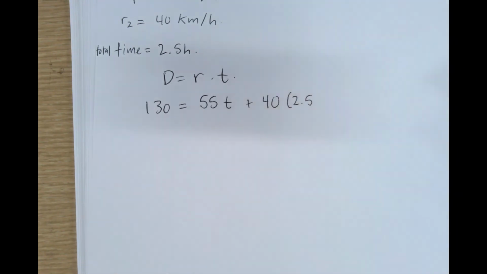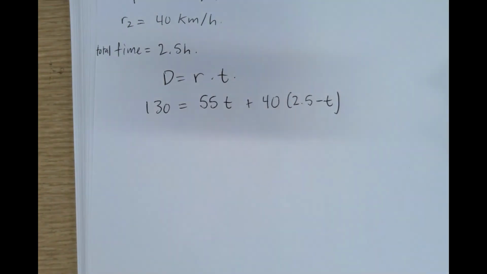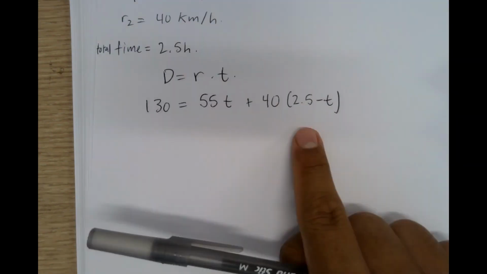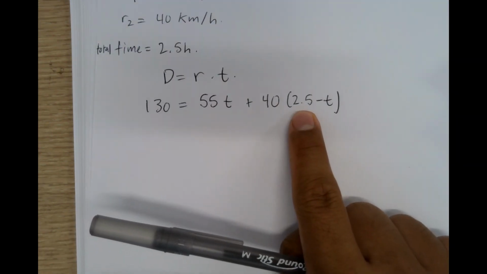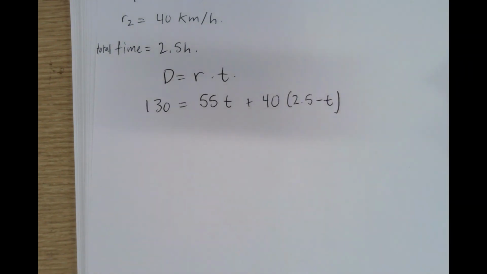And for however long they drove for the remainder of the time, as an example, if I drove for 2 hours at 55 kilometers per hour, then the remainder would be 2.5 minus 2 hours, because the remainder of the time was spent driving 40 kilometers per hour.